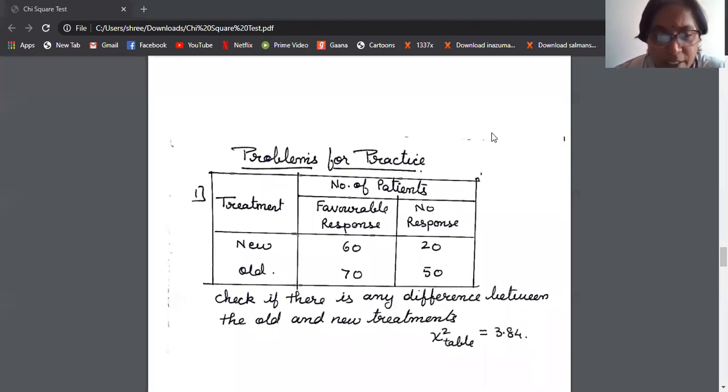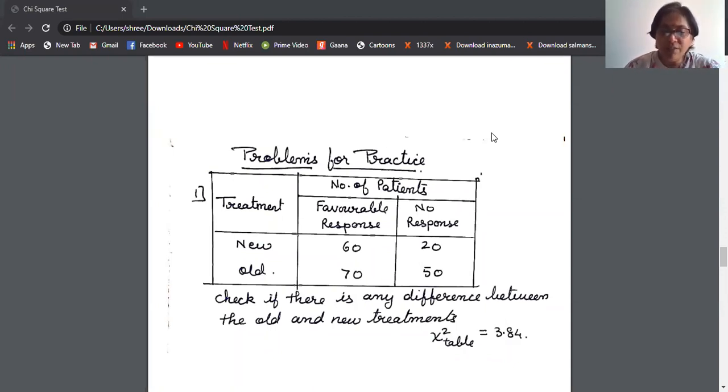Now, the problem for practice: there are some treatments for some new diseases, some old fashioned treatments and some new latest ones. The number of patients who had a favorable response and those who did not have any response, or were not happy with it, on the old and new treatments, are given to you.